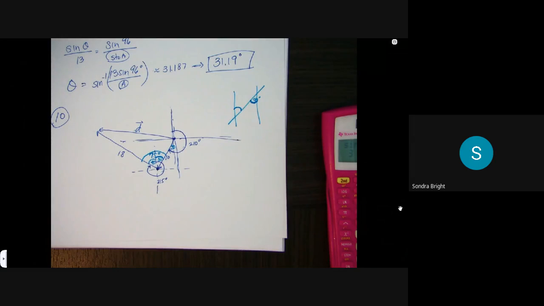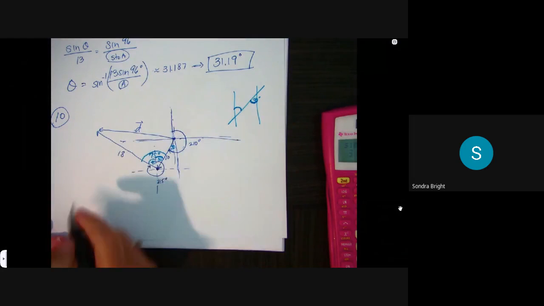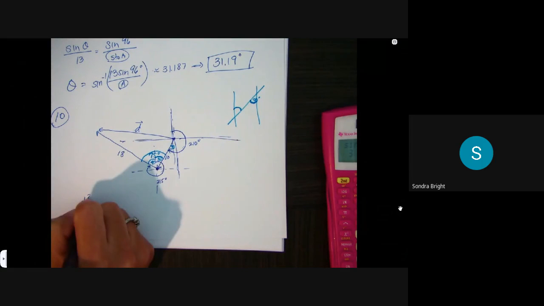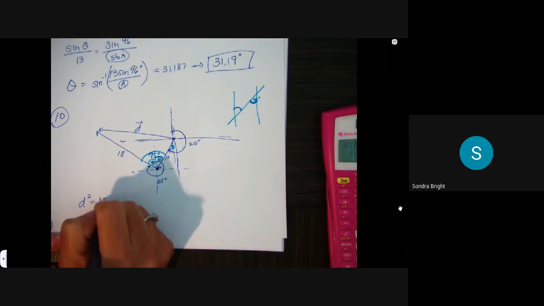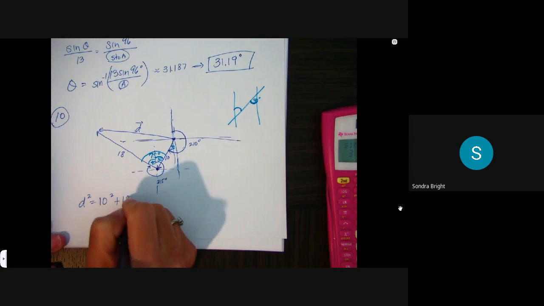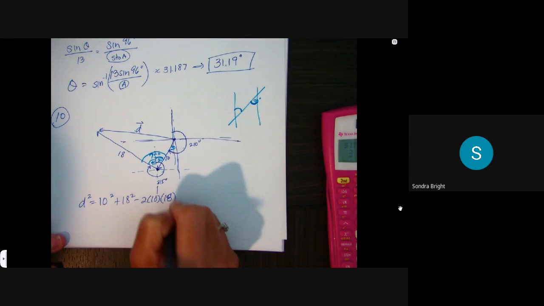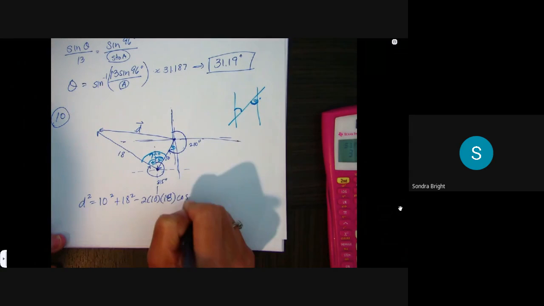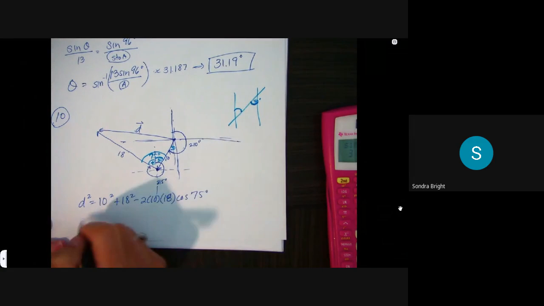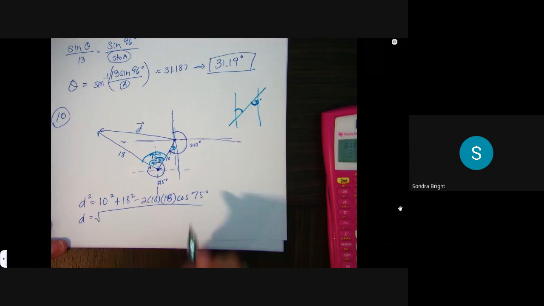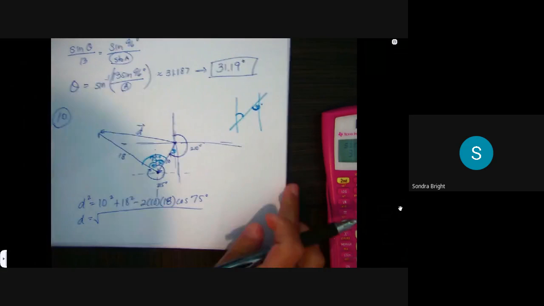Sometimes that happens. Anyway, so my D squared, using the law of cosines, is equal to 10 squared plus 18 squared minus 2 times 10 times 18 times the cosine of 75 degrees. And so D will be the square root of that whole thing. I'm going to use it, so I'm going to store it.